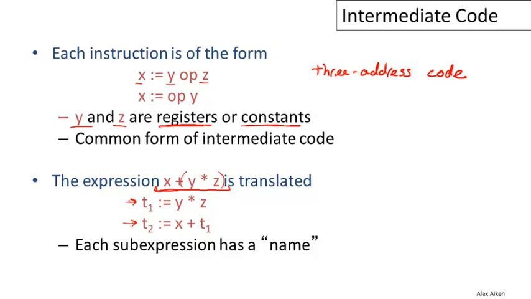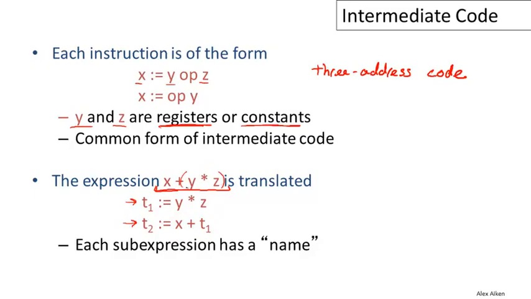And notice that one effect of forcing you to use only one operation at a time, basically you can do one primitive operation at a time, and then the result of that has to be stored in a register. One effect of that is to give every sub-expression of the program a name. If I look back at this expression here, y times z is anonymous.